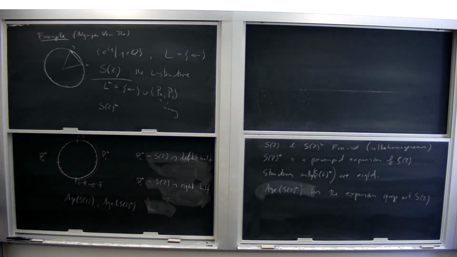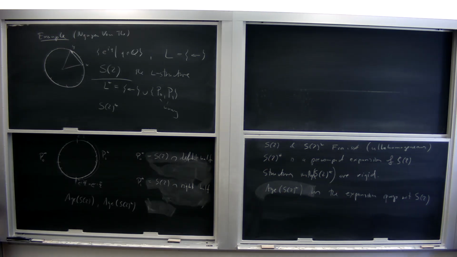Roughly speaking, what do you have to check? You have some structure A star in age S of 2 star. So it's a finite structure, some points on the left, some points on the right. And then you need to manufacture for it a structure B in age of S of 2, such that no matter how you expand B to a structure in age of S of 2 star, this will embed in the expansion.